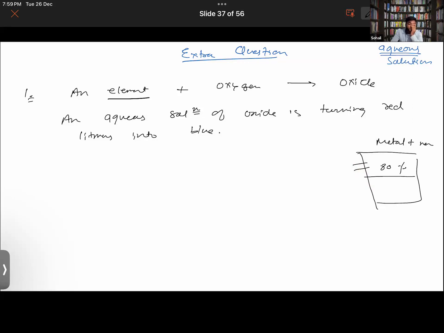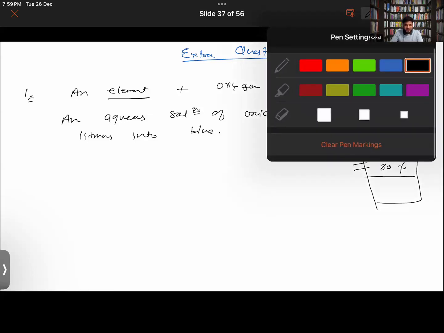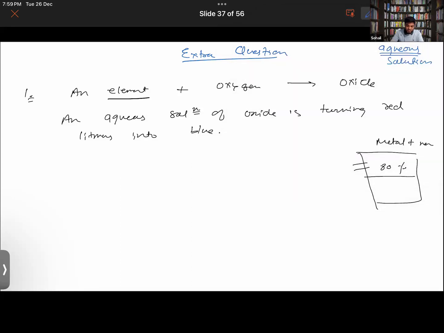Guys, you are not getting the question. Why are you answering the name of the oxide to me, Moz? See, basically, all of you know that bases will turn which litmus paper to which color? It will turn red litmus into blue. I suppose you all have studied this, or if not, know this thing now. Even before that, you should know that when a metal reacts with oxygen, it forms a basic oxide.